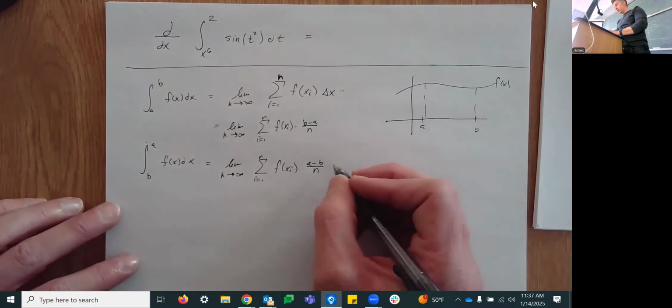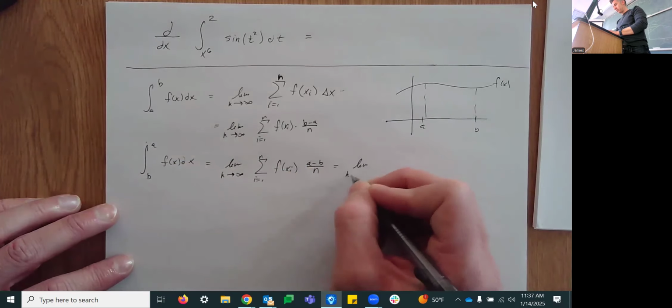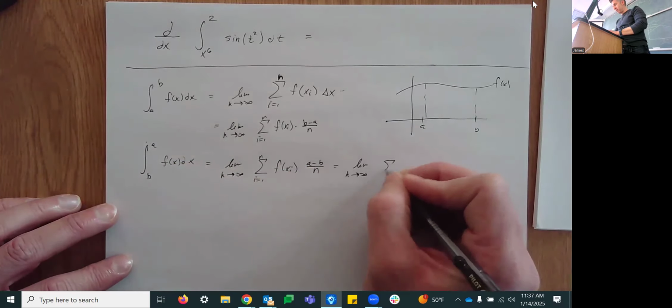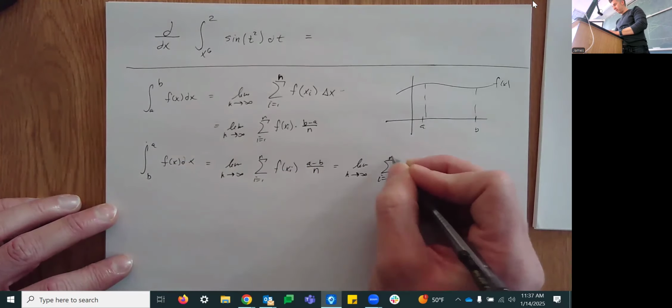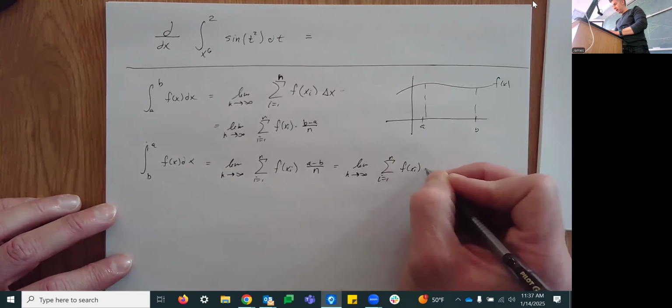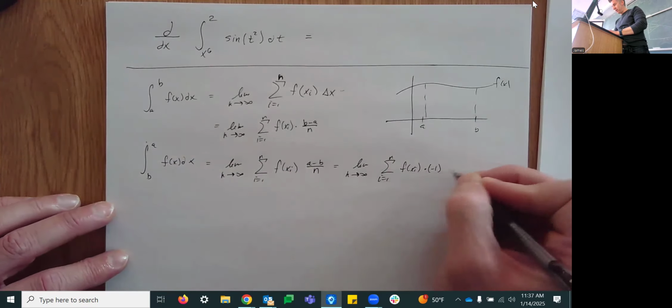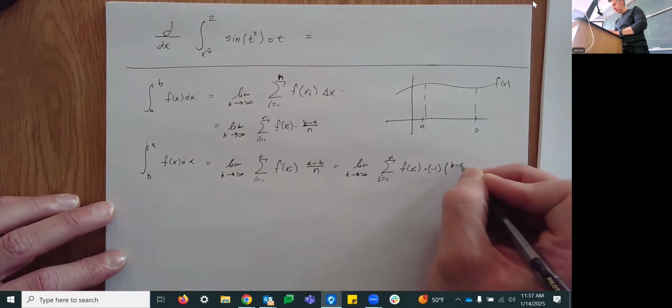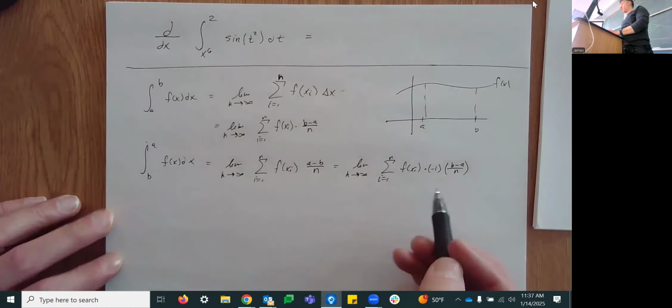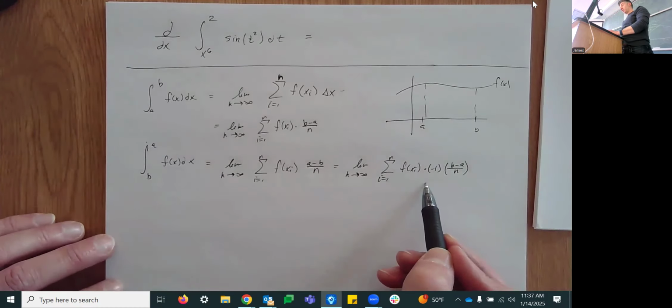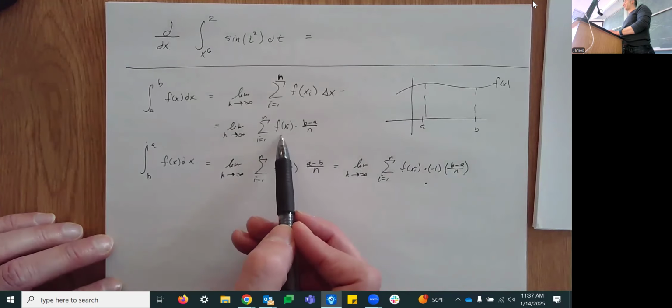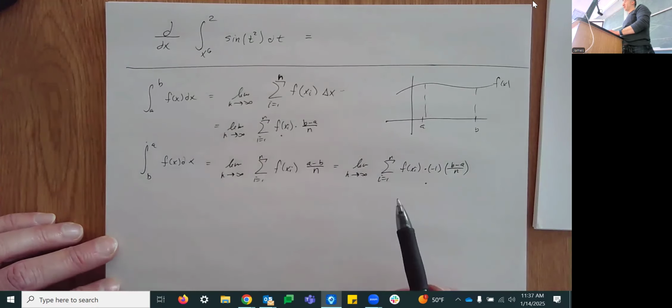So we can rewrite this as the limit as n goes to infinity of the sum from i equals 1 to n of f of x sub i times -1 times b minus a over n. And now this looks exactly the same as that, except it's multiplied by -1.